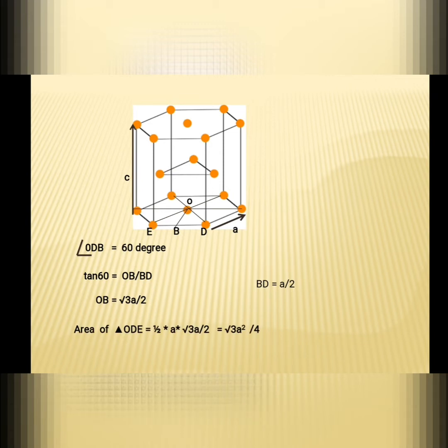Now what is the area of the triangle ODE? It is half into base ED, that is A, into the height OB, that is √3 A by 2.